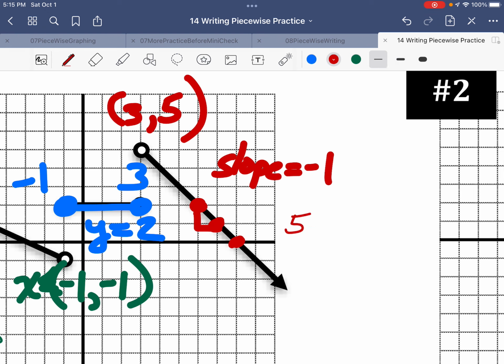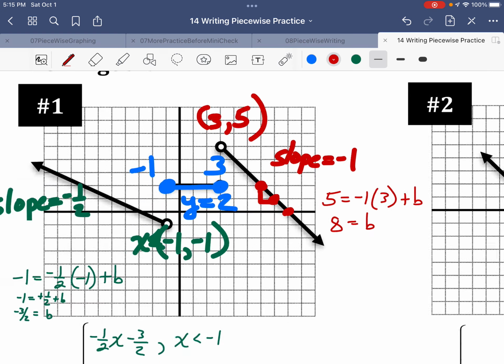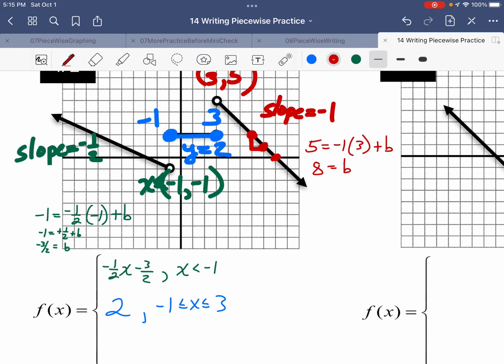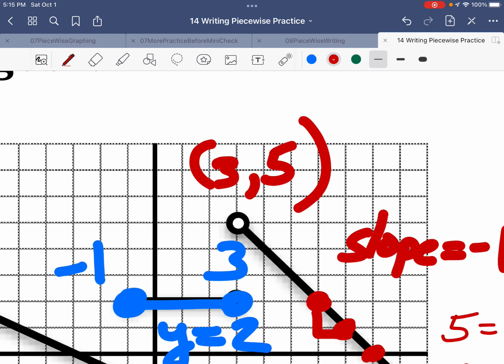Now remember, when you plug that in, you're plugging 5 in for y, you already have your slope, you're plugging 3 in for x, and you're going to solve for b. So b equals 8. So we've got our slope, mx, plus 8, and the only thing left to do is to conclude, now be careful, that you are greater.